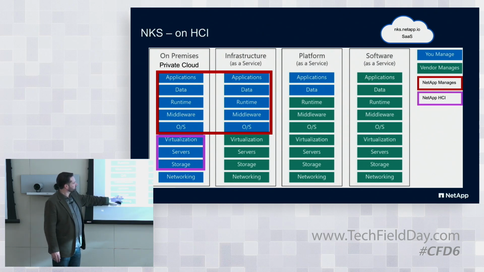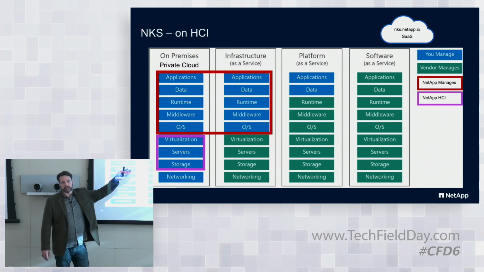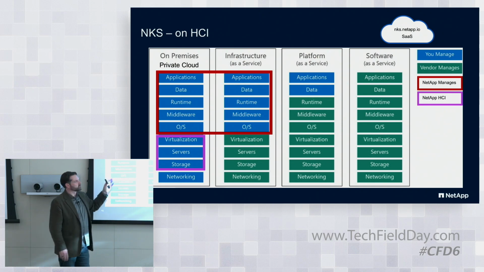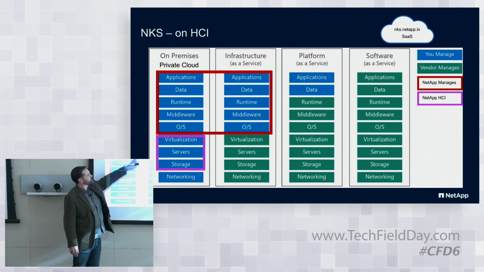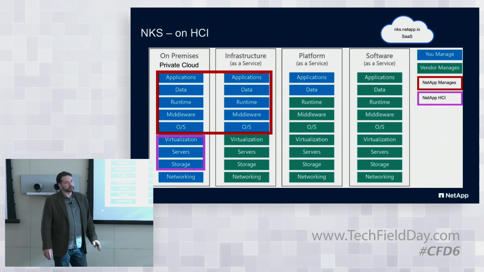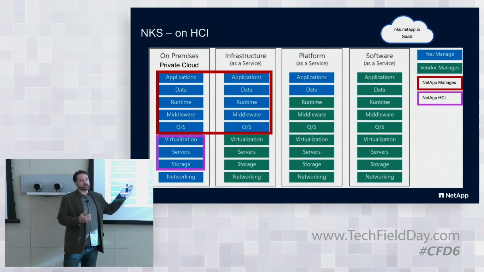So if these are still customer managed, they can still subscribe just to the SaaS service, just to the NKS in the cloud, and use it at this layer. And then everything within here is essentially black box to the customer, for lack of a better word. They don't have to touch any of these layers because Kubernetes will do it.